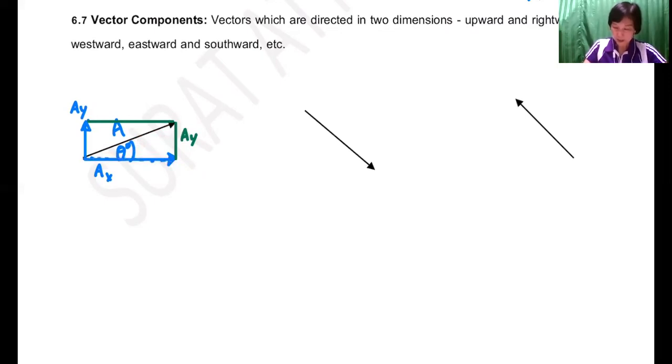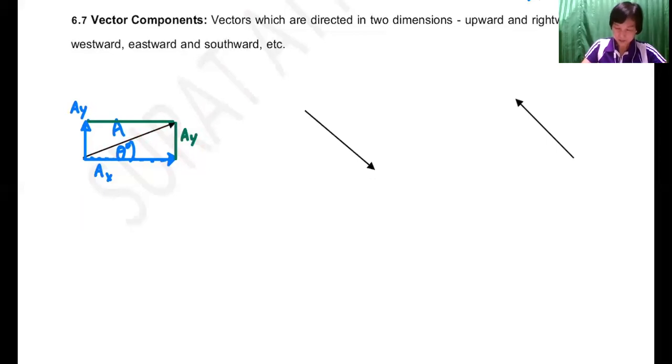Let's go back to the previous study about trigonometry: the ratio between the opposite and the hypotenuse, this is the hypotenuse, is sine theta, right?